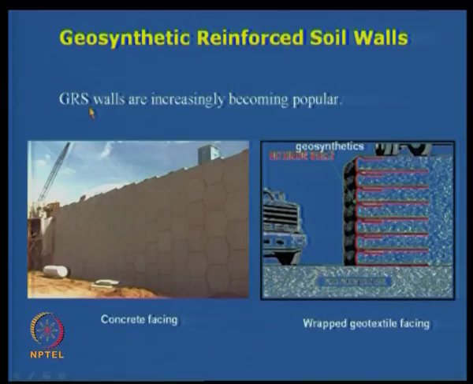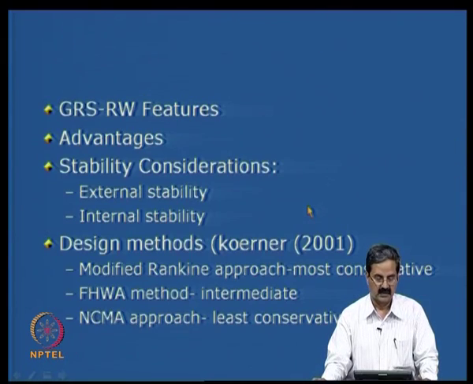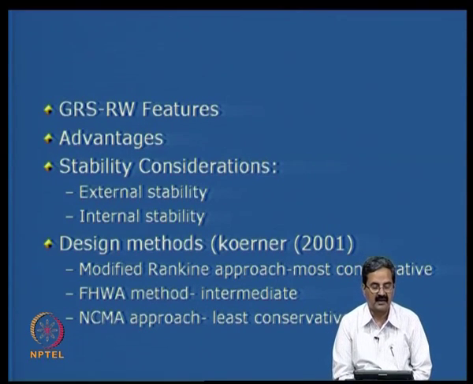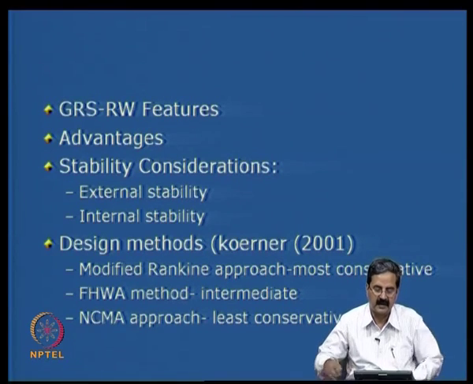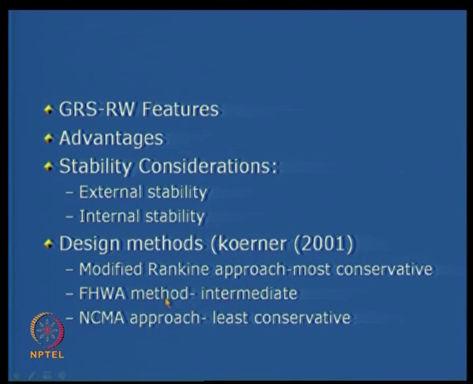This is a typical case of a GRS wall constructed with a face, like precast concrete facing, and you can also have a wrapped geotextile. There are many types of facings possible, so there are a number of design methods. As I said, GRS walls have been very useful and very cost effective, so design approaches have been developed, and essentially there are two design methods that we follow.